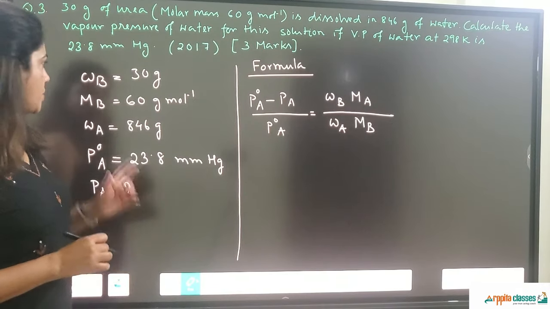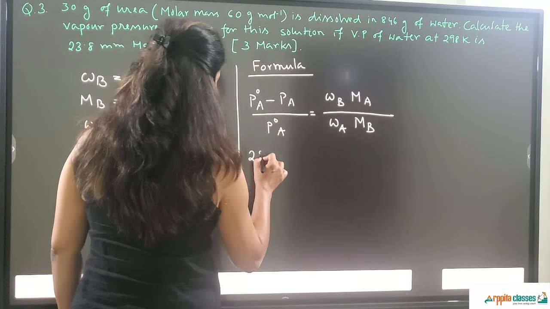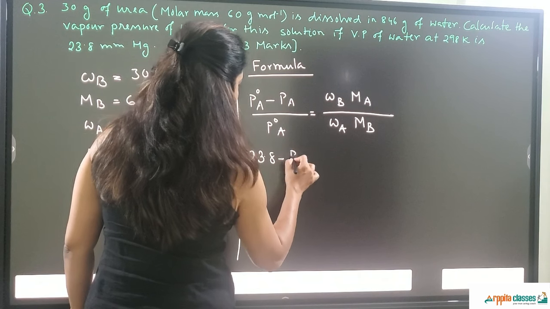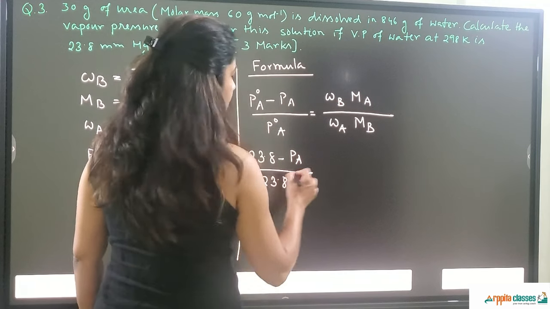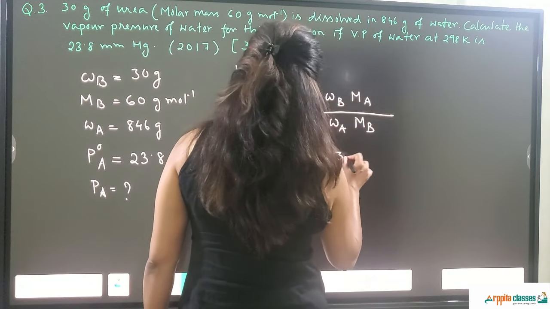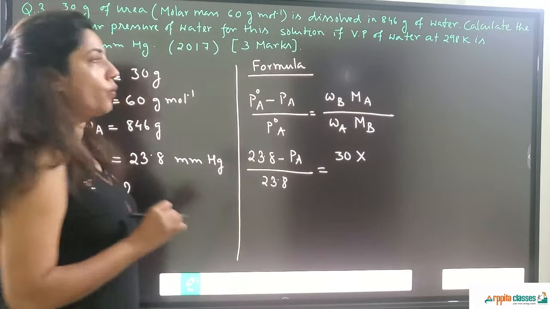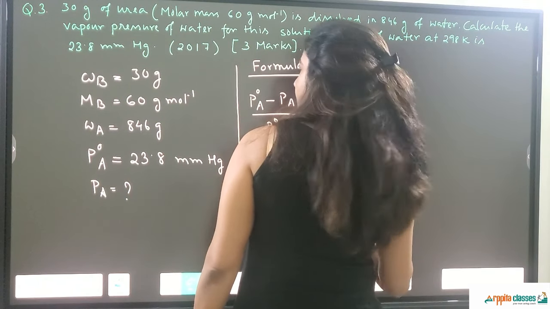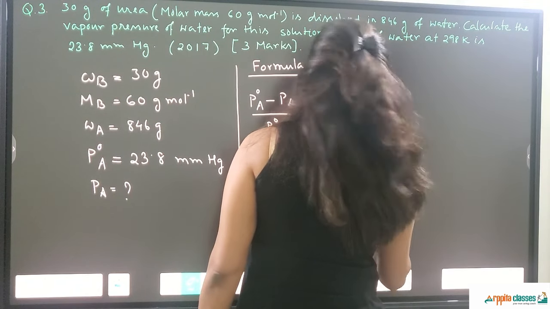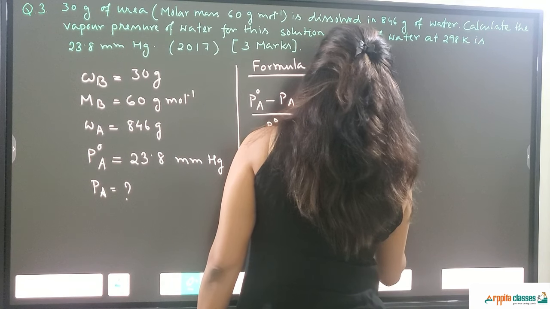We'll put all the values. P naught A is 23.8 minus PA divided by again P naught A 23.8, WB which is 30, MA. Now this is water, the solvent is water, so MA is 18, divided by WA is 846 and MB is 60.